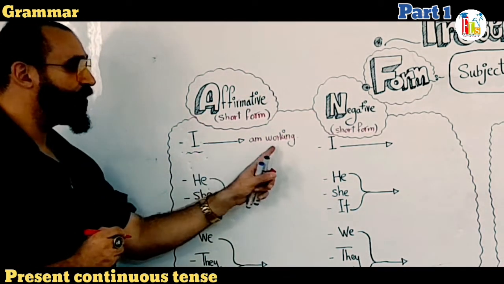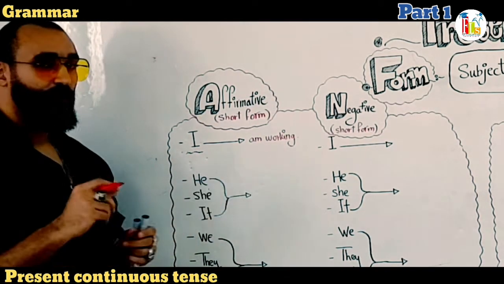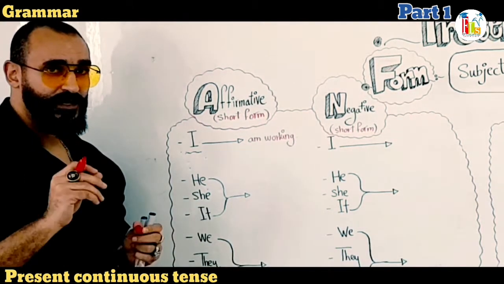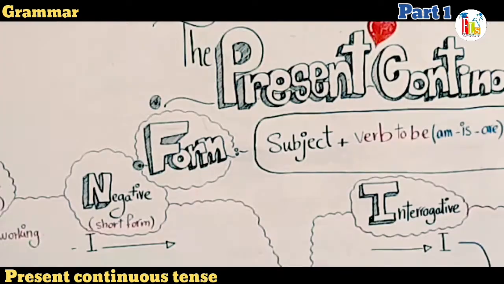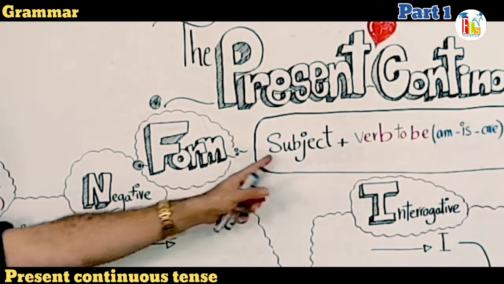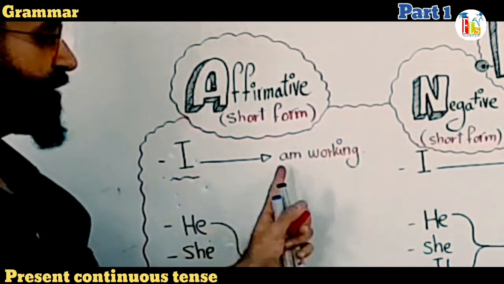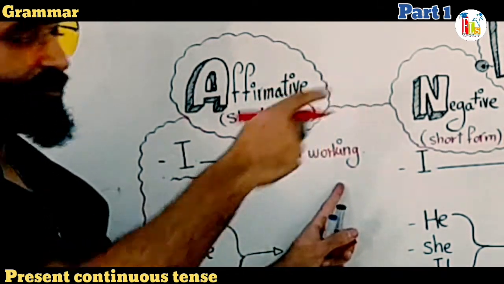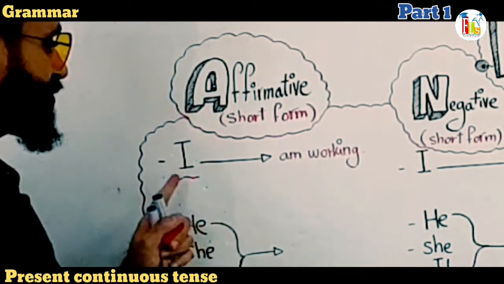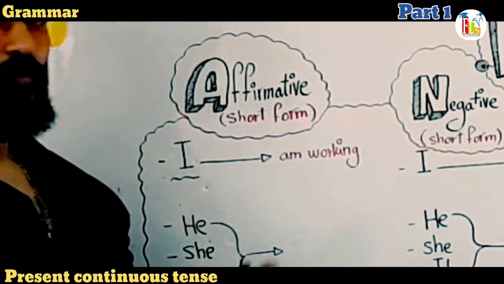If I want to use the present continuous tense or the present progressive, I shall use the subject, as I've told you earlier, which is the I, be verb, which is am, and verb plus ing, which is working. So it's going to be I am working.